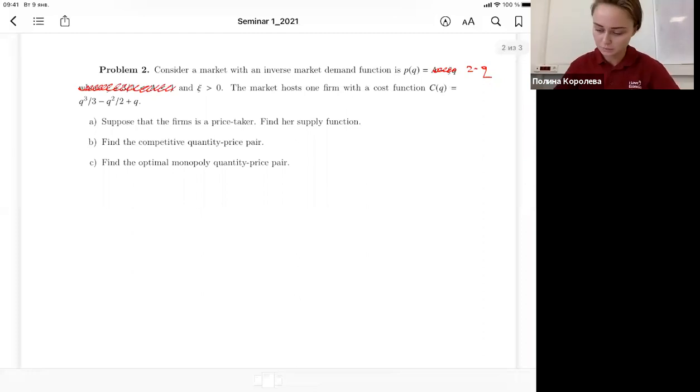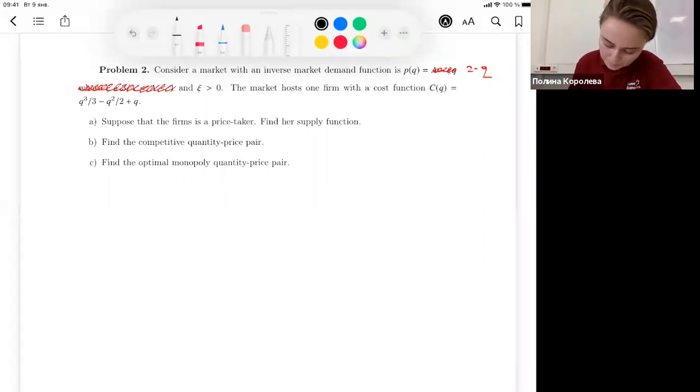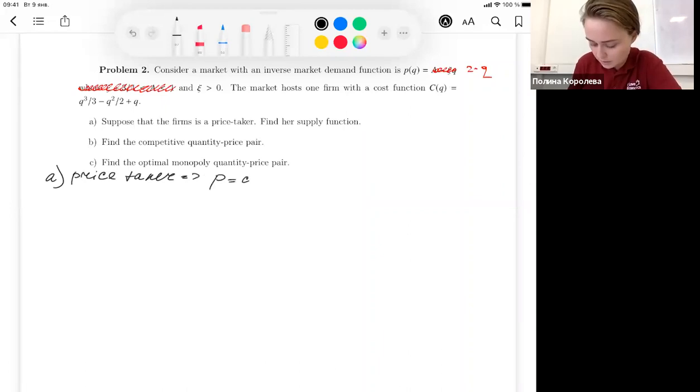Let us solve for the price taker. Point A, price taker. That means that price is constant. So how will we find the supply function? From the profit maximization program, as always. So we write down the profit maximization program for our firm.